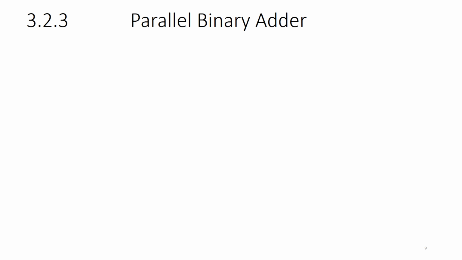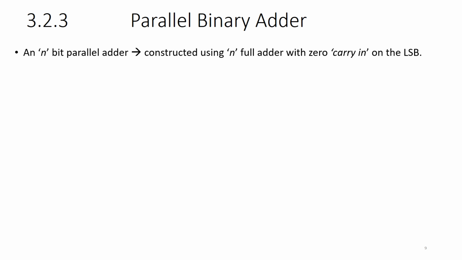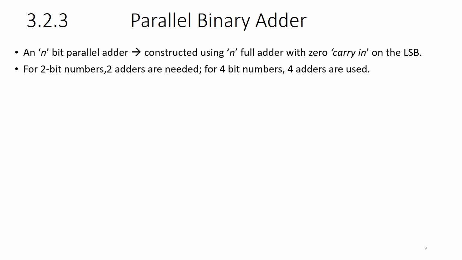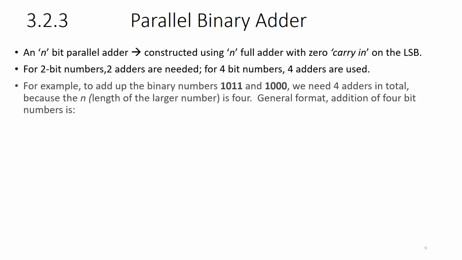Now what about parallel binary adders? An n-bit parallel adder is constructed using n full adders with 0 carry in on the LSB. For example, for 2-bit numbers we need 2 adders, and for 4-bit numbers we need 4 adders.